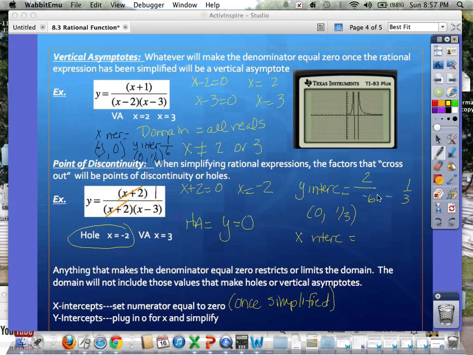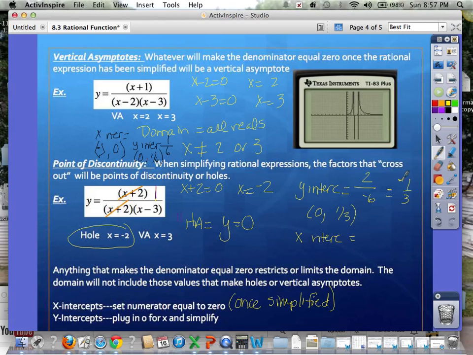It's negative 1/3, and then there is no x-intercept, okay? So double check your work, but make sure you simplify it before you look for your x-intercept. Otherwise, it will not be true because that's going to give you a hole right there, and it's not going to be crossing right there, okay?